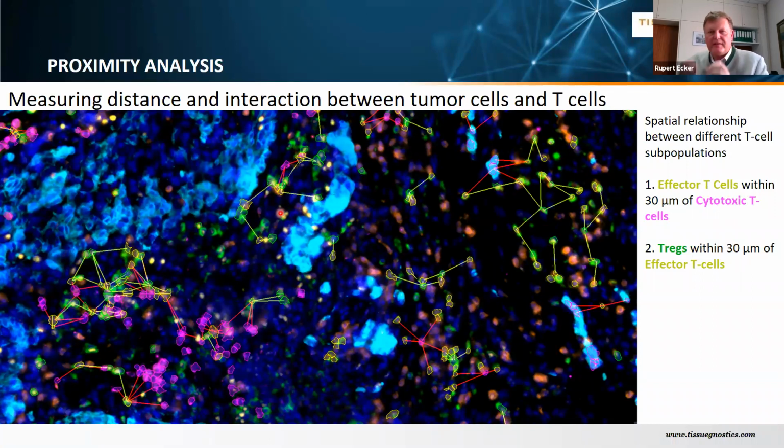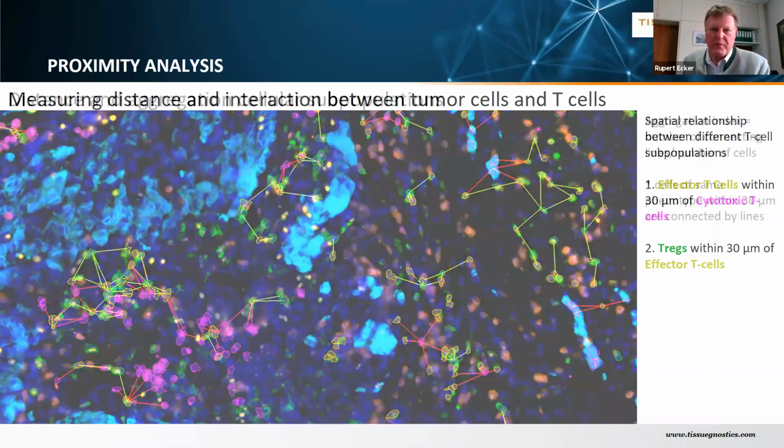So a very detailed and differential analysis, including phenotypes, subpopulations, and spatial orientation. So where in the tissue are certain cells or is a certain cell population?